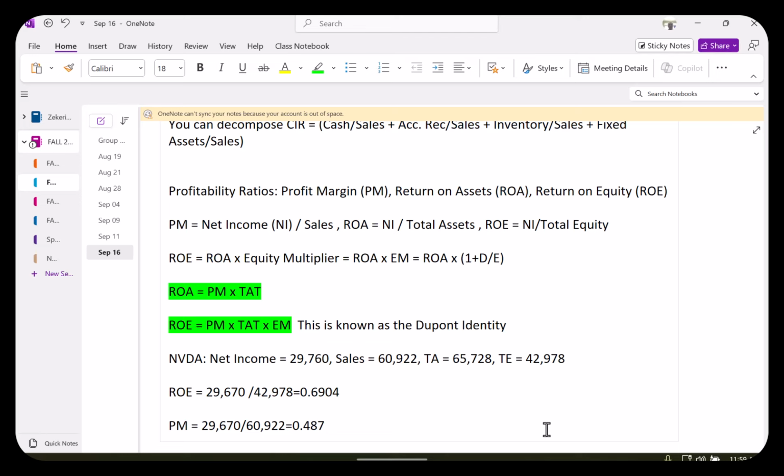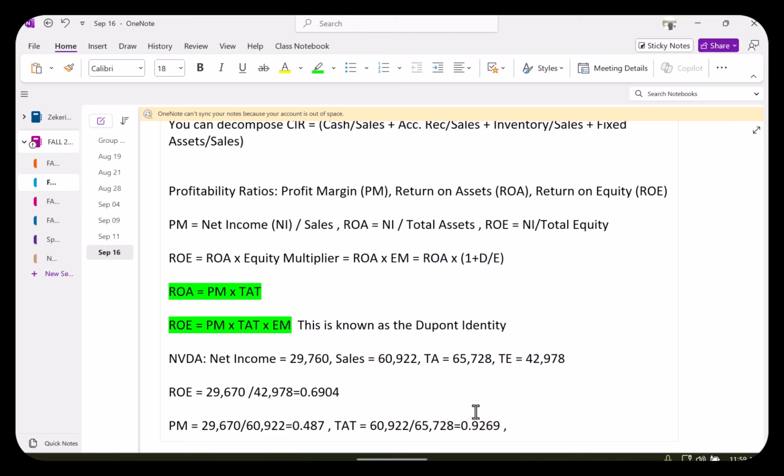NVIDIA makes a lot of money per unit of equity because it makes a lot of money per unit of sales. TAT, we already have it, but let's calculate it anyway. Sales over total assets. That's a little bit less than one.